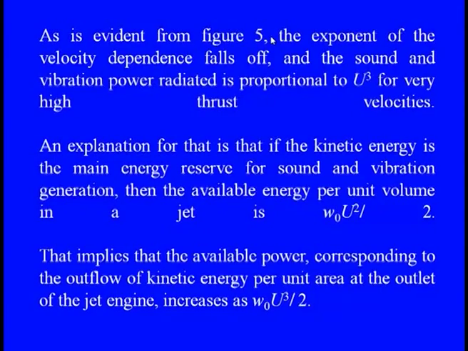So, we can say that the exponent of velocity shows the dependence of the fall off of the sound and vibration power related to these features, and whatever sound level or vibration level is generated depends on this exponent. So, when you go for a high level of thrust velocity, the proportional feature in the rocket or even the jet engines is u cube.